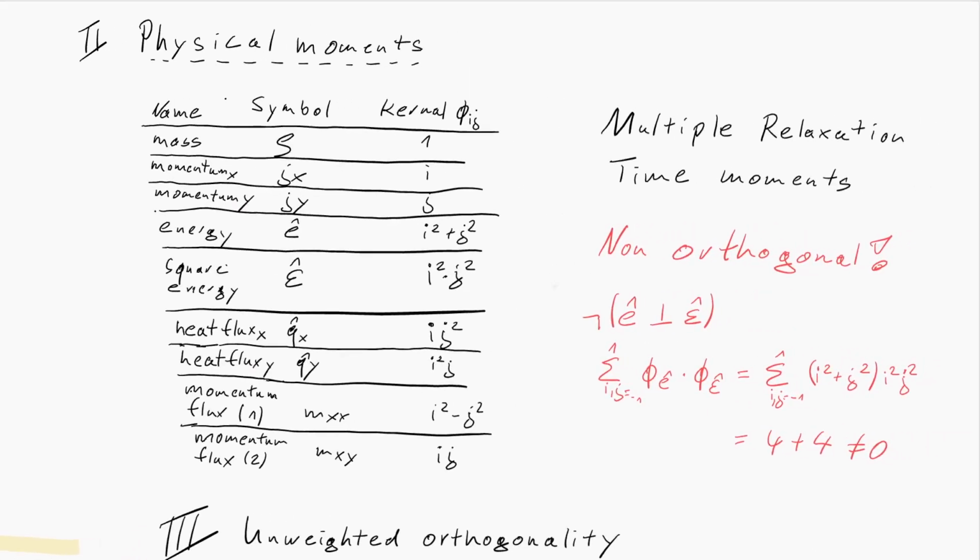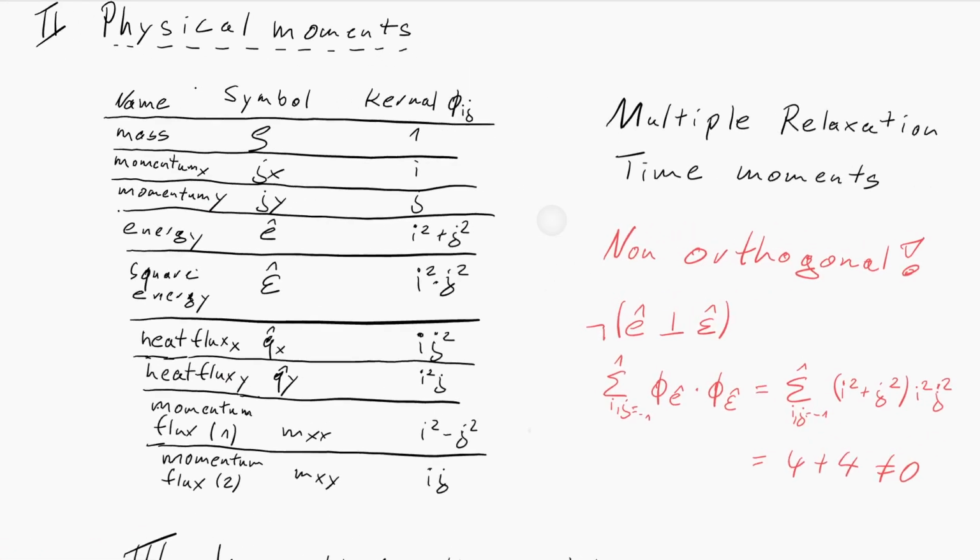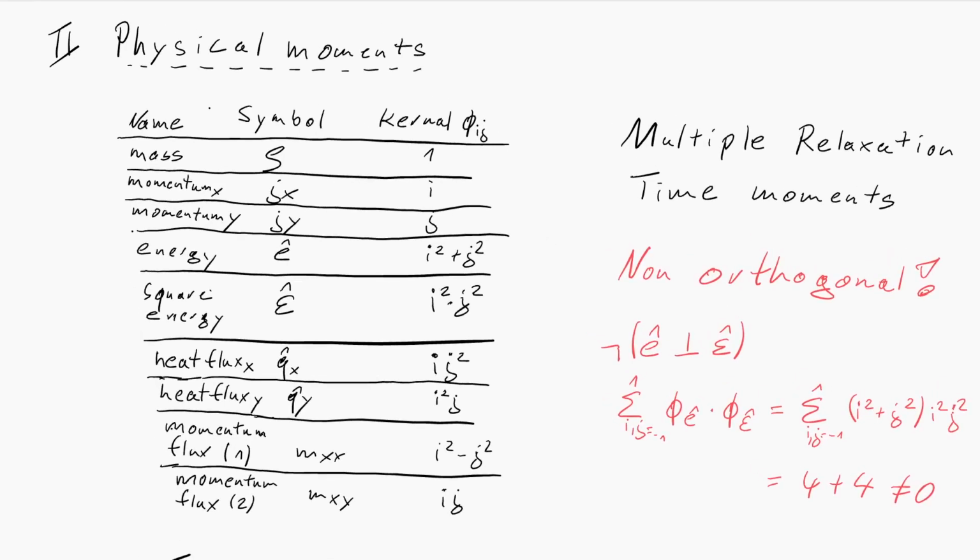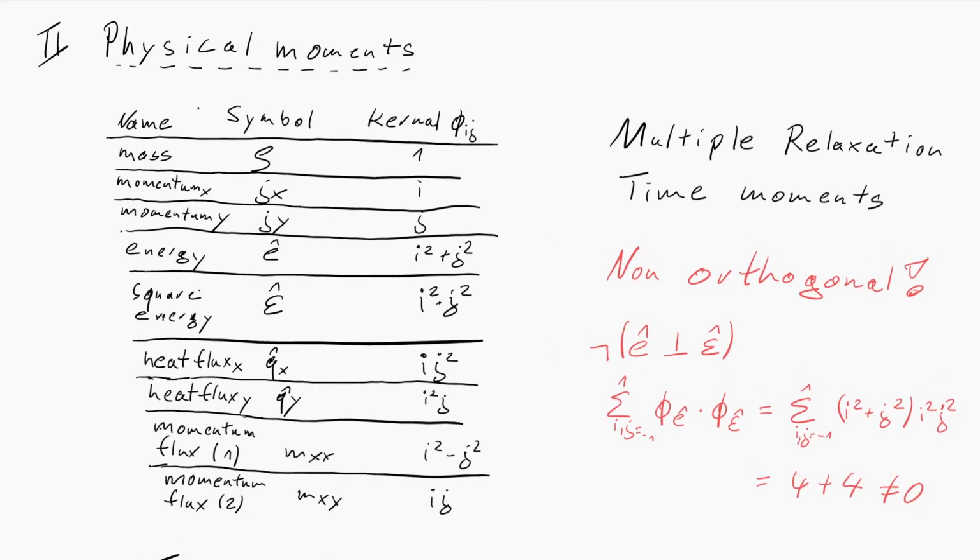And this, first of all, leads us to say not countable moments, but physical moments. So if you don't like to indicate your moments just by numbers, you can indicate them by their physical meaning.